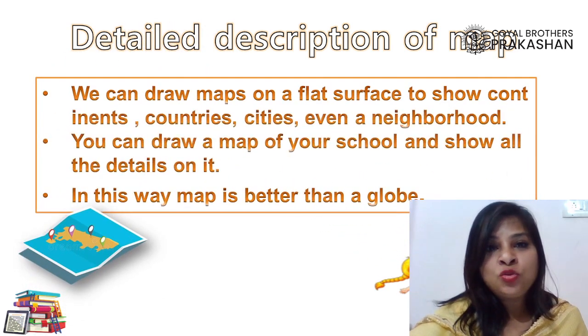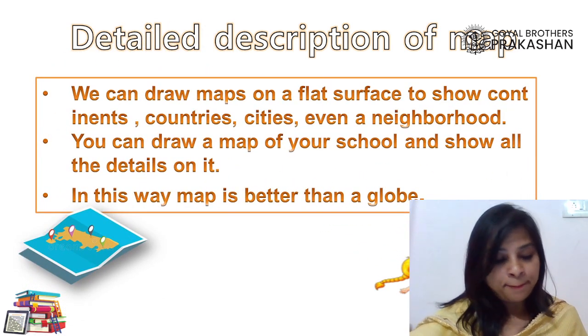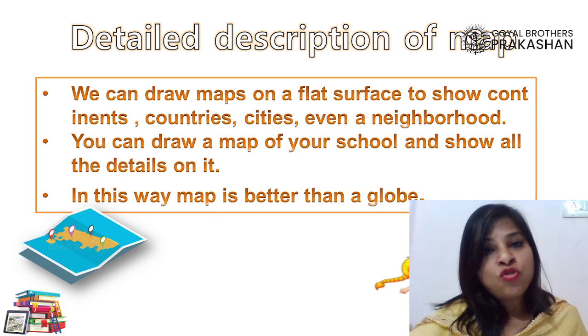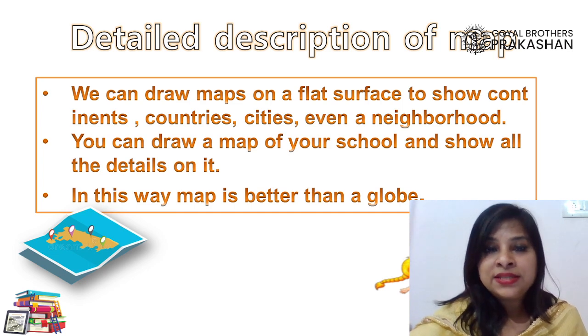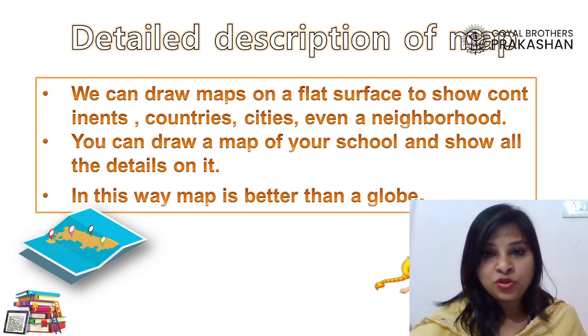Now let's do the detailed description of a map. We can draw maps on a flat surface to show continents, countries, cities, even a neighborhood. We can draw anything on a flat surface. You can draw a map of your school and show all the details on it.